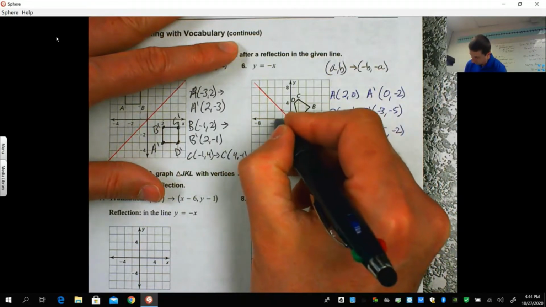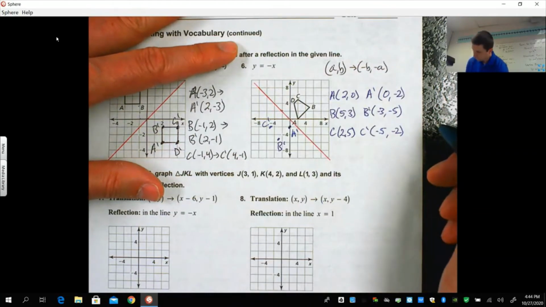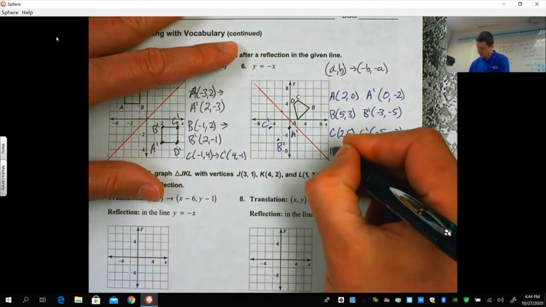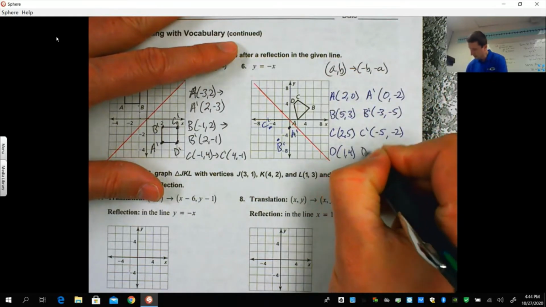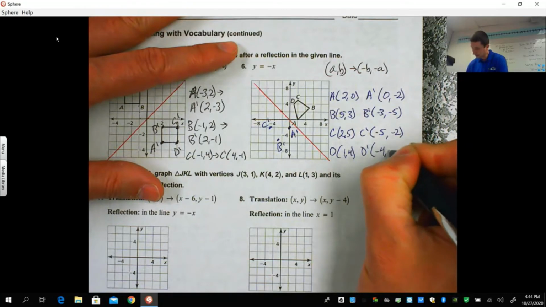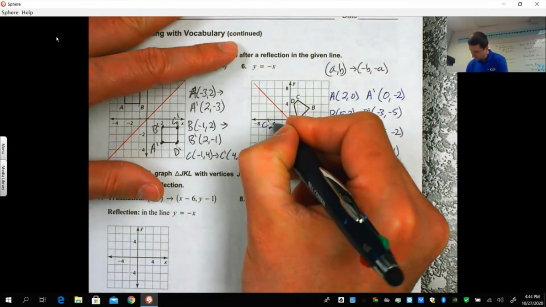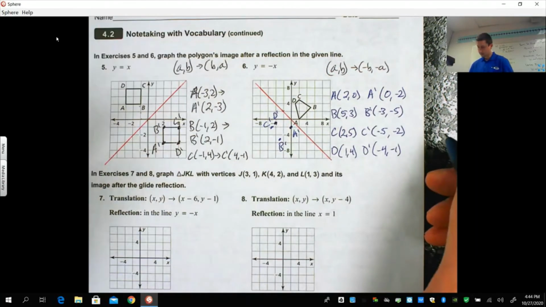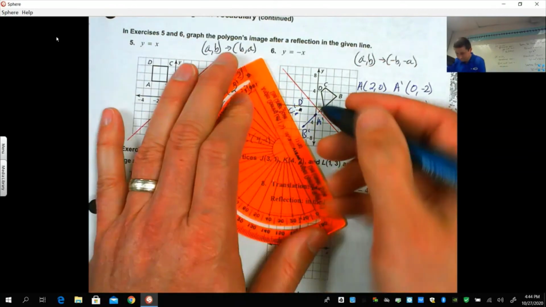There's negative 5, negative 2 right there. And then D. D looks to be at 1, 4. D prime, switch them, take the opposites, negative 4, negative 1. Ooh, squeezed up in there. And get our shape.